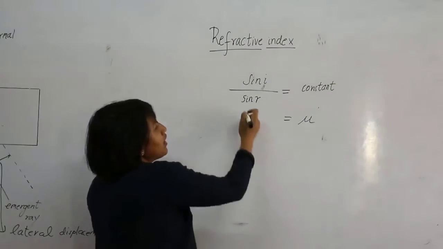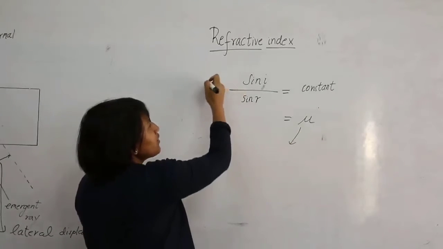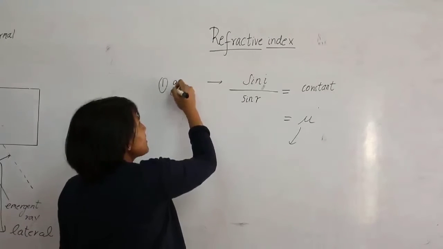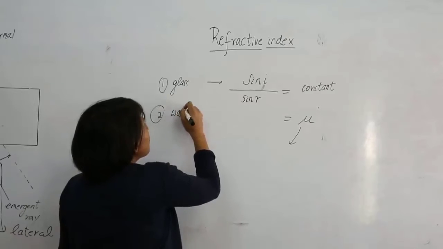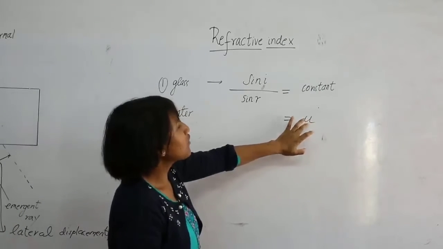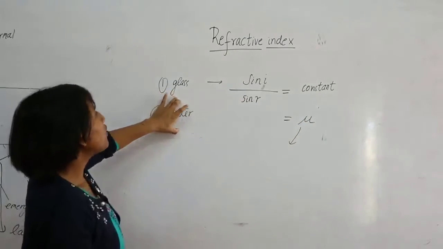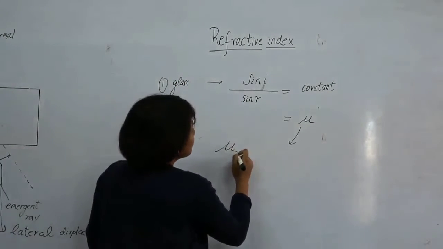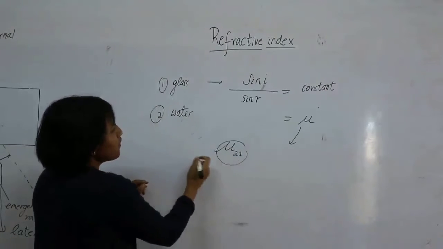And it depends on what? Suppose the first medium is glass and the second medium is water. Then the value of this refractive index is of water with respect to glass, mu 2:1.